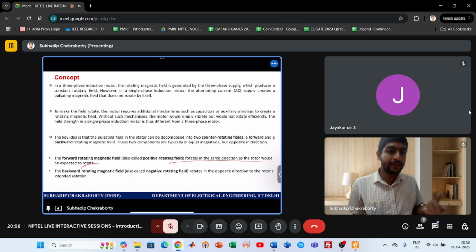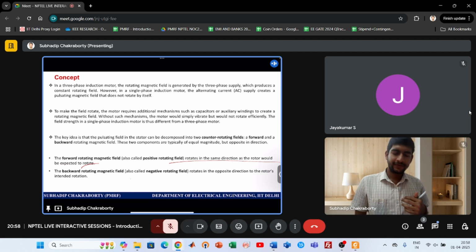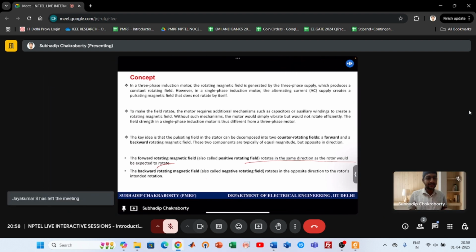That's why we cannot start it simply, unlike the induction machine, which is self-starting, right? But in single phase, the magnetic field is pulsating in nature due to the single phase currents, and that's why we cannot start it, because the net starting torque is 0, and for that we need some starting arrangement by another field excitation, right?